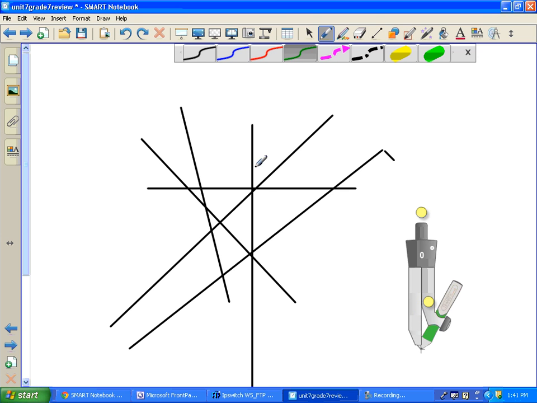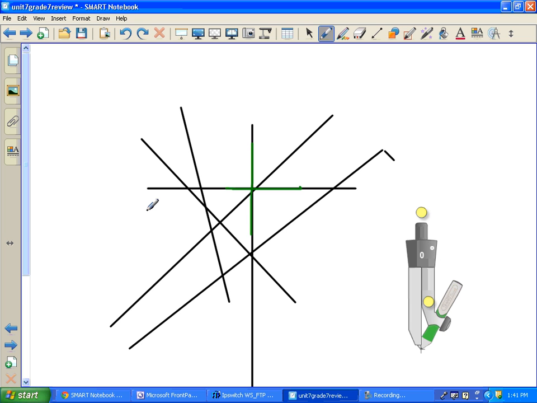And of course, this one here and this one looks like it's making a perfectly good right angle. I could measure it to make sure. This one's not. This is not a right angle. Doesn't look to me like there's too many more. This one might be close. Might be close to a right angle, but I'd have to measure it to make sure using my protractor. So that is perpendicular lines.